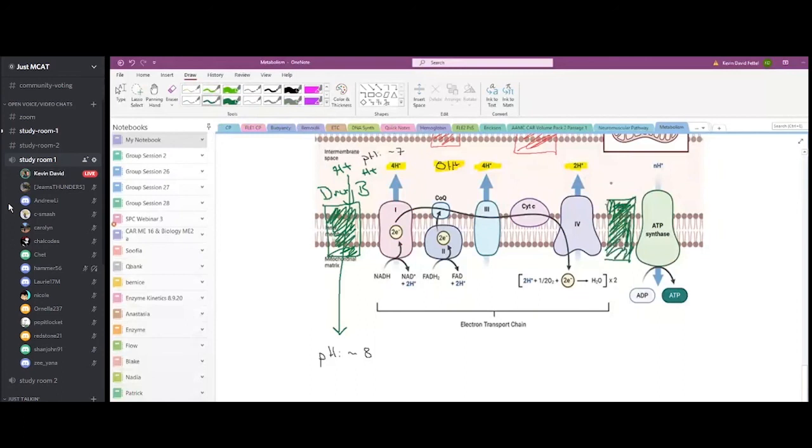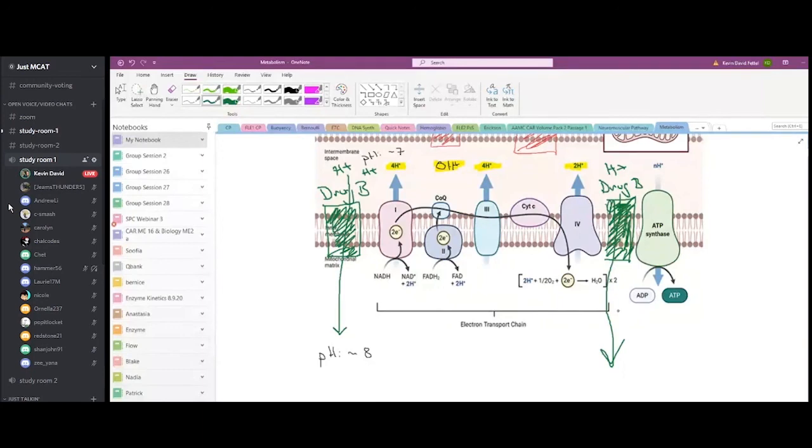Let's put another one on the right-hand side, drug B, and then we got H plus coming over here, and it goes down its concentration gradient before it's supposed to. Because technically it's supposed to go down the ATP synthase, to make some ATP. It's kinetic energy. It goes down its concentration gradient, and ATP synthase, the protein, uses that energy to do work, and stores that energy in the form of ATP, the biological currency.